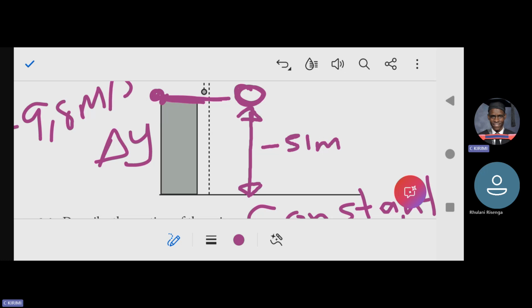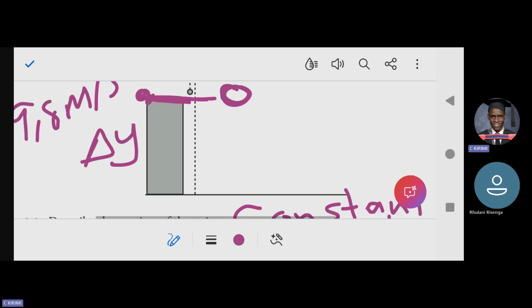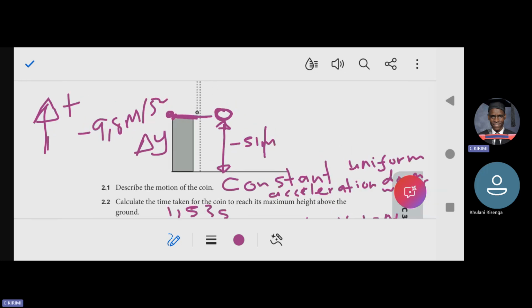It's not the maximum height above ground which was reached by the coin. The distance which the coin traveled is below the reference point. So do you understand it now? Yes. Whenever you calculate that change in y and you see it as negative, then you know it's below.